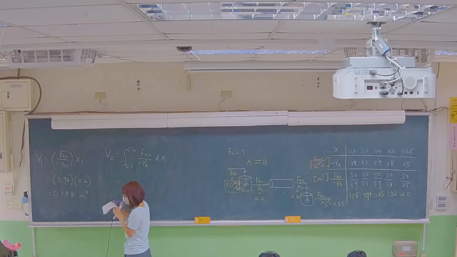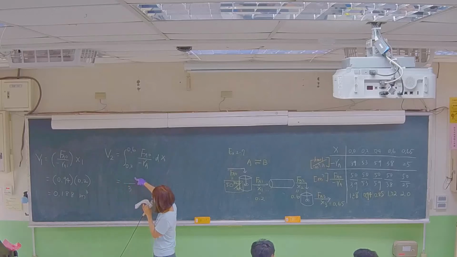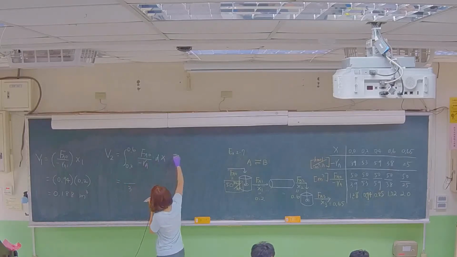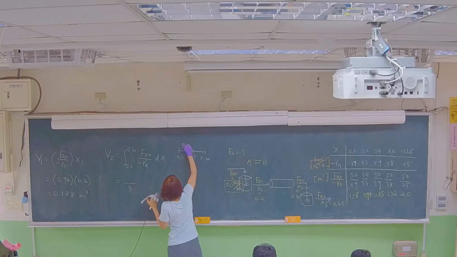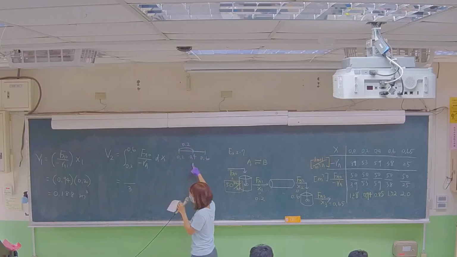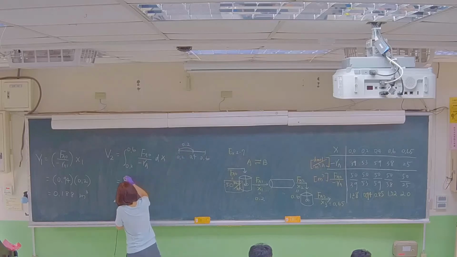I want to directly write down the 3-point formula, okay? So for this 3-point formula, this is the interval from 0.2 to 0.6. The middle point is 0.4. The interval is 0.2.